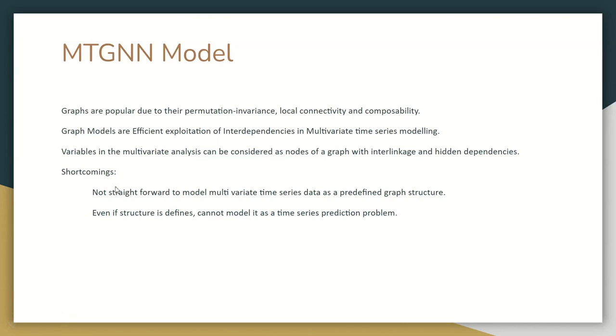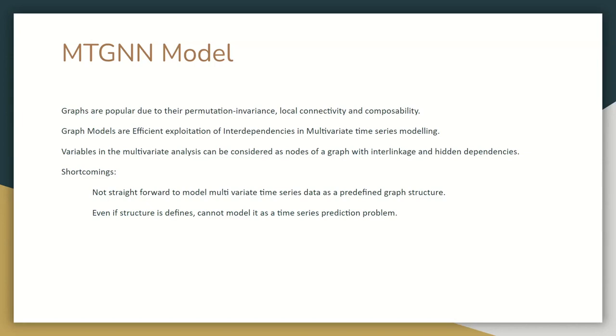But of course, if you look at it in a straightforward manner, there are a few shortcomings. It's not very clear how you'll be able to model multivariate time series data as a fixed or predefined graph structure. This is time-based data, depending on various variables, which will be highly variant across timestamps.